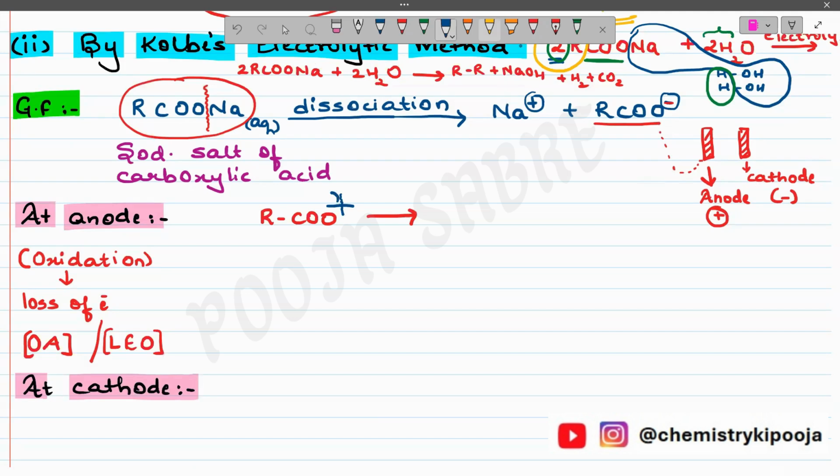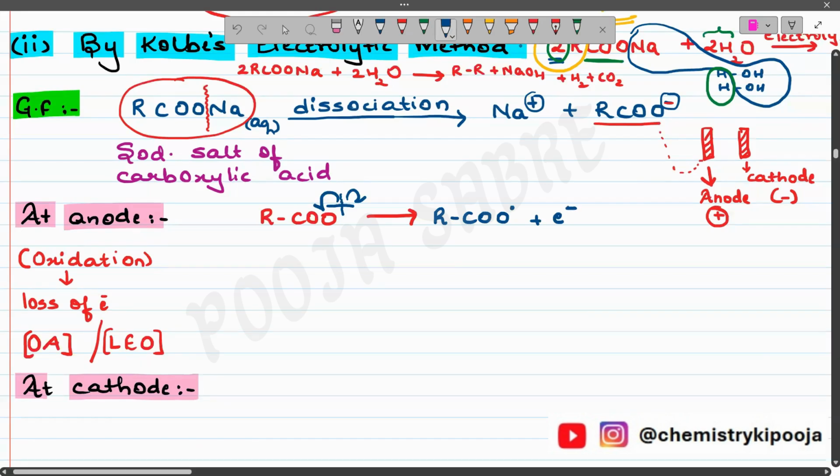So over here, what is going to happen? The COO will take one electron, free radicals. So I'm going to write down RCOO dot, one dot. And the other electron will be present in the form of an electron, so that is nothing but the minus charge.